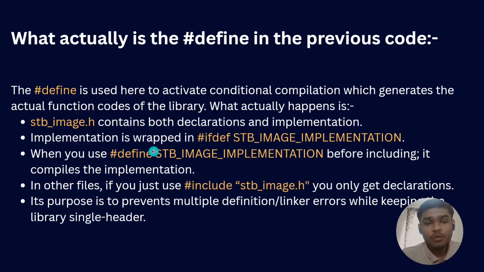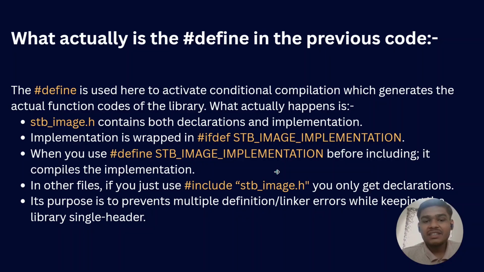So when you use #define STB_IMAGE_IMPLEMENTATION before including, it compiles the implementation. In other files, if you just use #include stb_image.h, we only get declarations. So what is the purpose of having both declaration and implementation in the same header file? Its purpose is to prevent multiple definitions like linker errors while keeping the library single header.